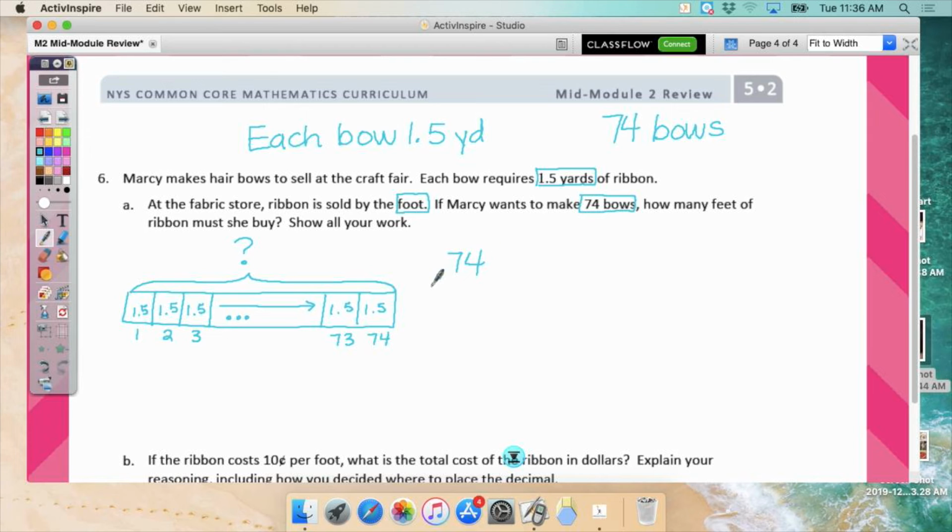74 times 1.5. Now, is it okay if I put the decimal number on the bottom? Yes, it is. The only thing you have to remember is, go ahead and underline your 5. That's in the tens place, okay? So multiply this out, turtle head. Don't forget X's and O's.